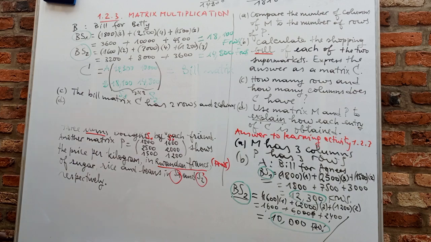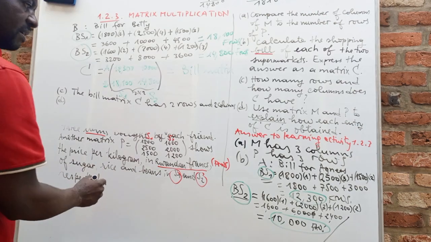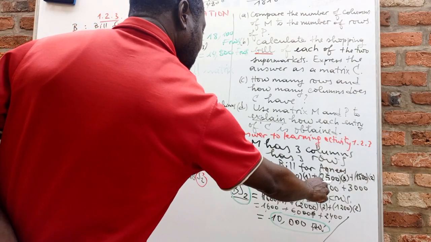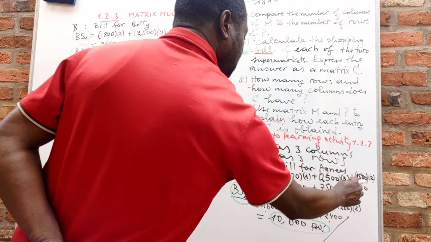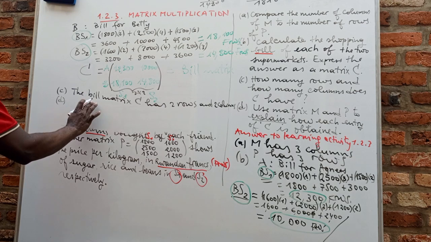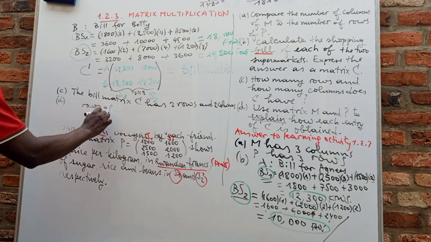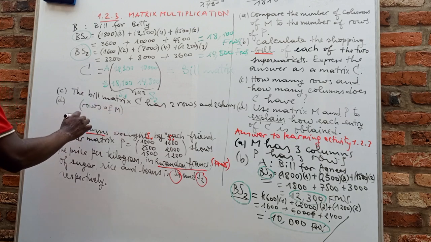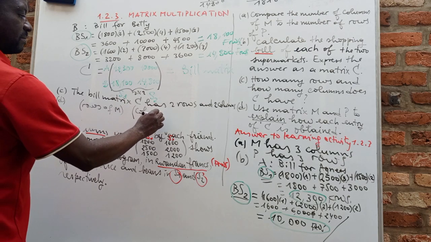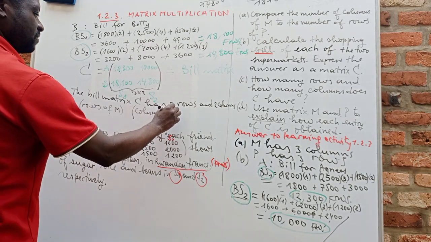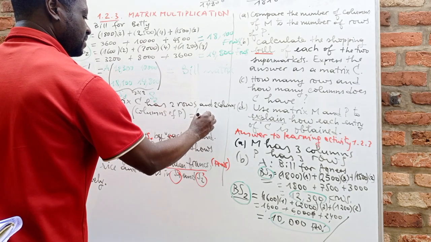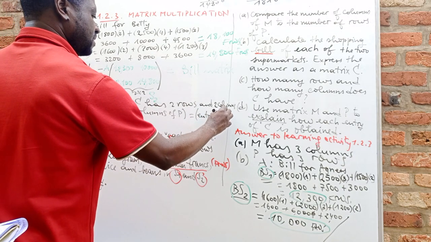So the first component was the rows of matrix M. We multiply the rows of M by the columns of matrix P in order to find the entries of matrix C, the B matrix.